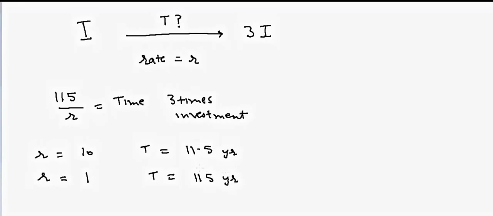So why does this happen? Let's try to solve this problem with the journal approach. The approach is to have your investment, and we multiply this investment with 1 plus the interest rate, and each year it is compounded, so we have it raised to power t, and that should be equal to 3I because we are looking for the investment to grow three times.